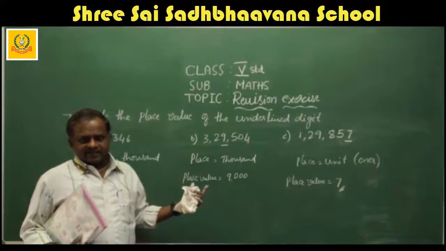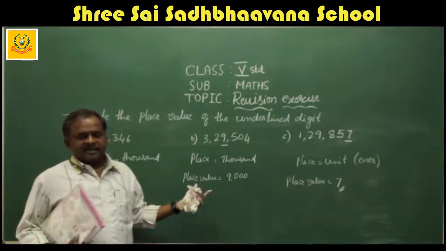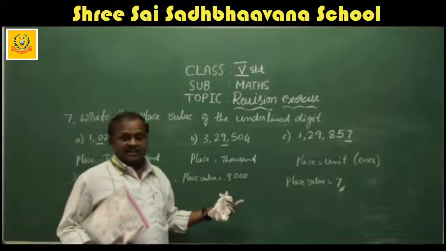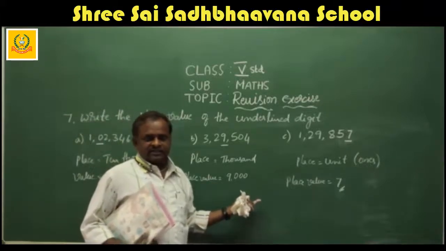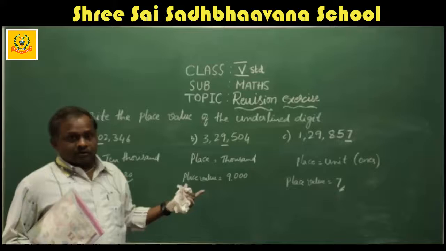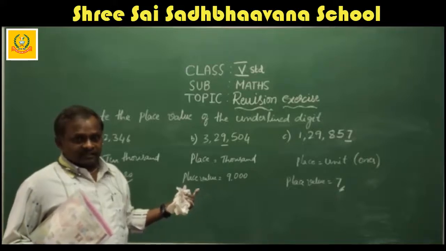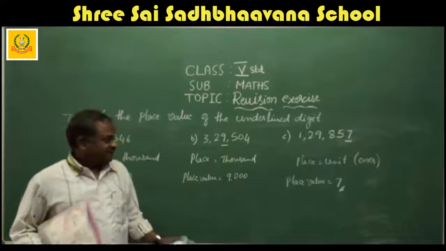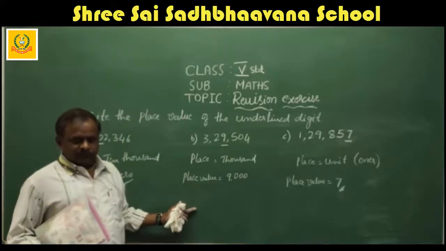So addition, subtraction, multiplication and division are the basic things you have to learn in maths. So practice well addition, subtraction, multiplication and division. It is very, very useful to you.